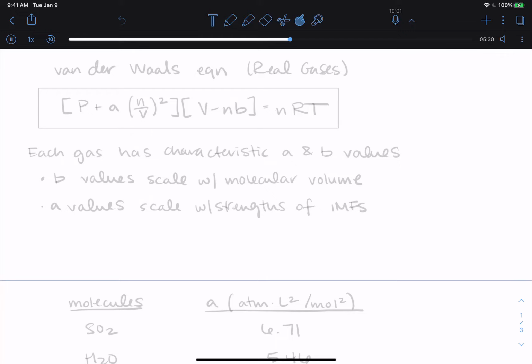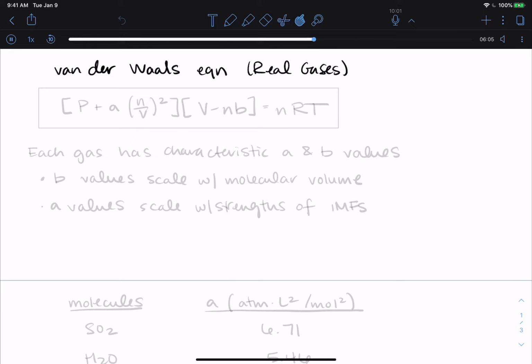We have part of it that corrects for how big the particles are, and part that corrects for how sticky they are. One variable will be related to how big the molecule is, and the other to how sticky it is. So this is the van der Waals equation that we use for real gases.